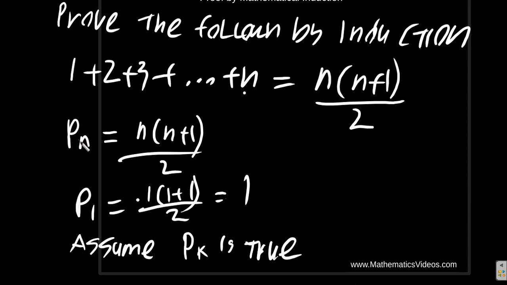Now, this statement for n is n(n plus 1) divided by 2. So for 1, P1 is 1 equal to 1 times (1 plus 1) divided by 2, which turns out to be 1. Okay, good. So therefore P1 is true.